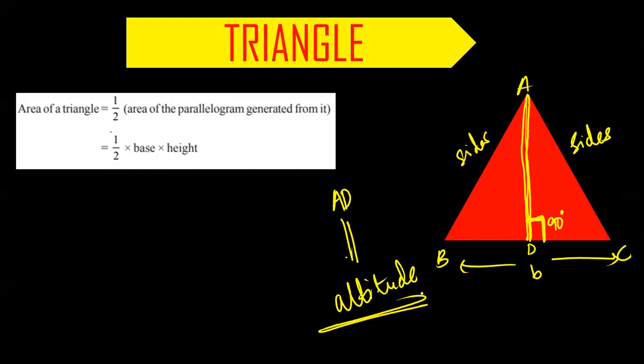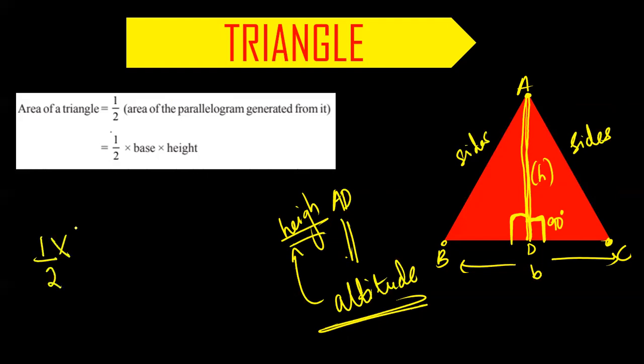So altitude is the perpendicular length from the opposite vertex. I cannot draw a perpendicular from these points on the same line itself. The only vertex is the opposite one. So I'll draw a 90-degree. And this AD is also known as our height, or I can call this H. So the area of a triangle is half into the base into height.